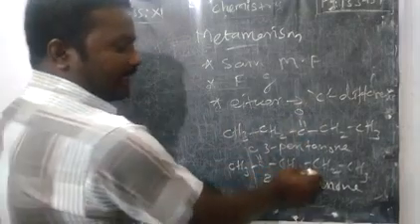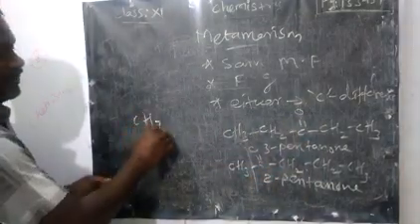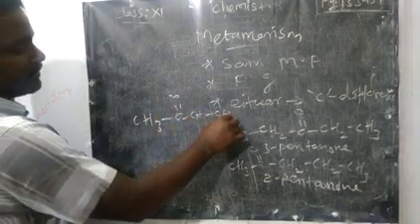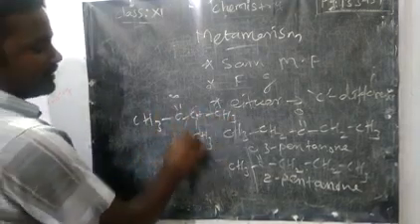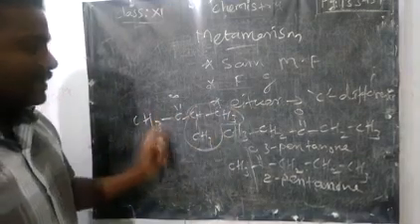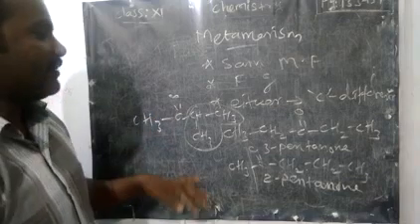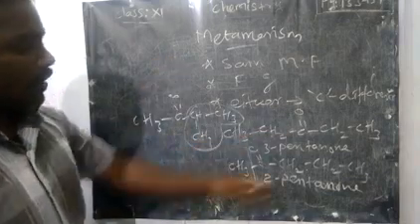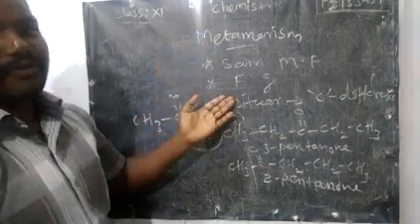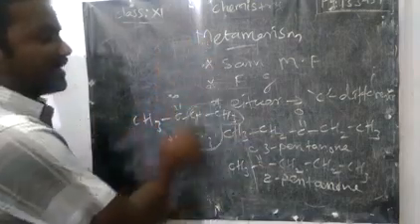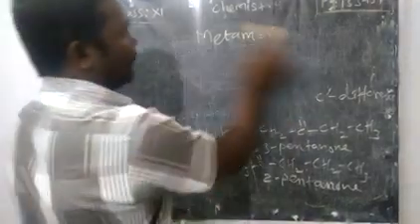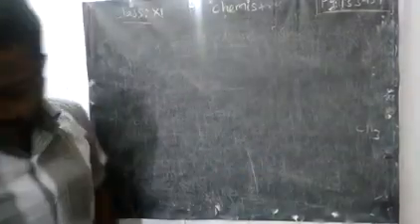This also you can write another way: CH3, C double bond O, CH3, and on this side we have an iso group. So these are not the same number, both sides have different numbers of carbon. All have the same number of carbon and oxygen, but they differ in the number of carbons on either side. That is called metamerism.